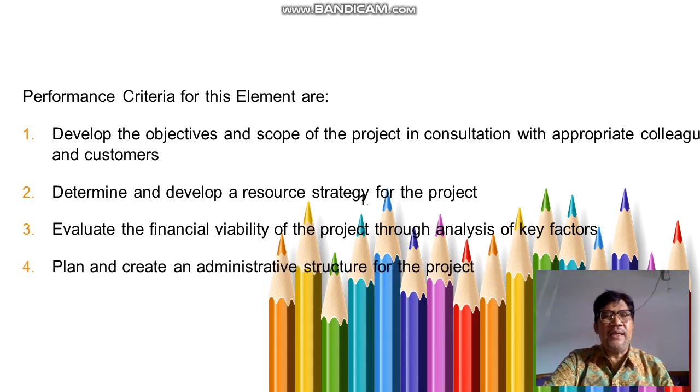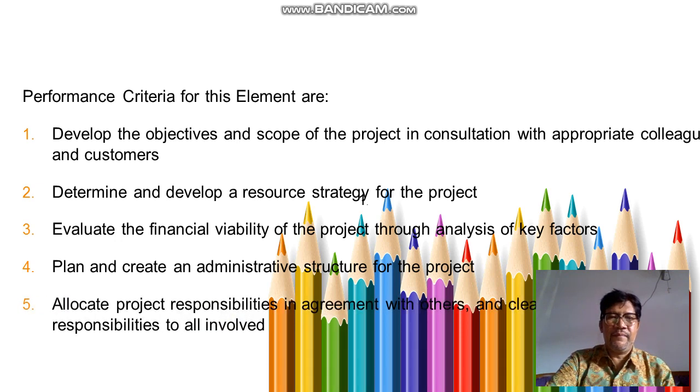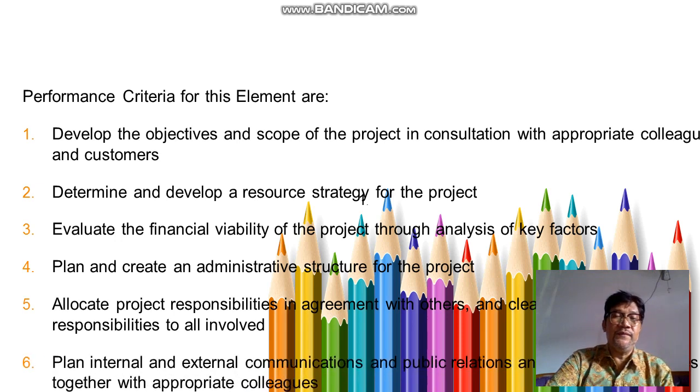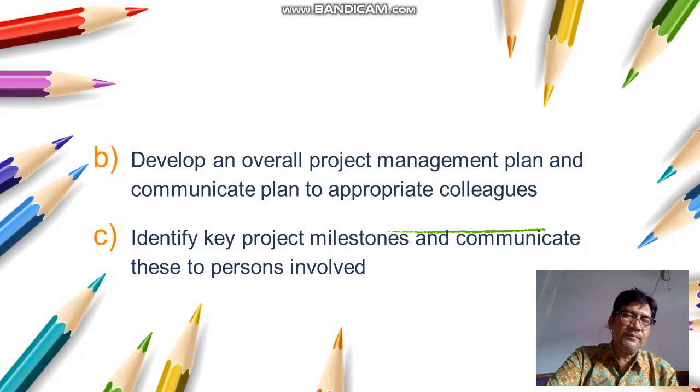Plan and create an administrative structure for the project. Allocate project responsibility in agreement with others and clearly communicate responsibilities to all involved. Plan internal and external communications and a public relations marketing strategy together with appropriate colleagues.